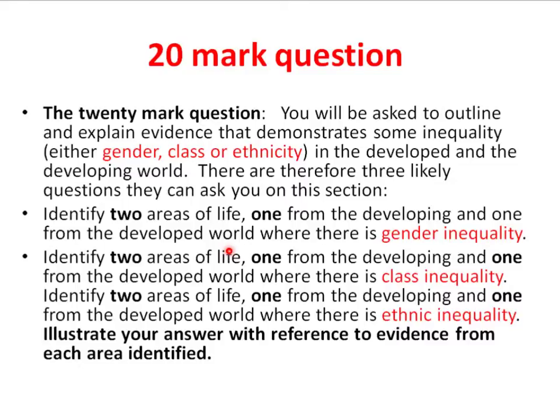And the question normally specifies the type of inequality that you've got to discuss. So either gender, class or ethnic inequality, and you've got to make sure that you illustrate that type of inequality with reference to lots of really good sociological evidence from each area of life that you identify.